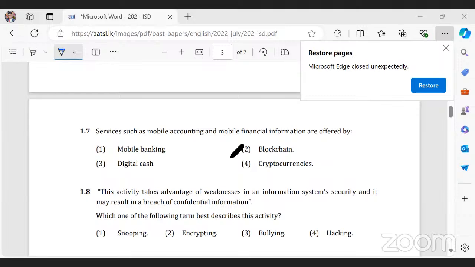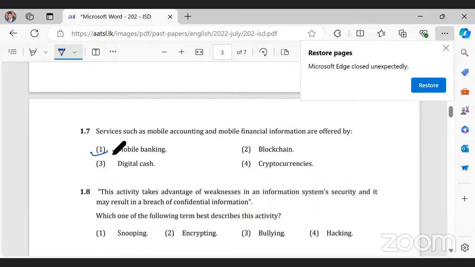The correct answer is mobile banking. Blockchain is a shared ledger. Digital cash is a form of money using digital devices and technology. Cryptocurrency is another form of money that has no coins and notes. Then the answer is 1.